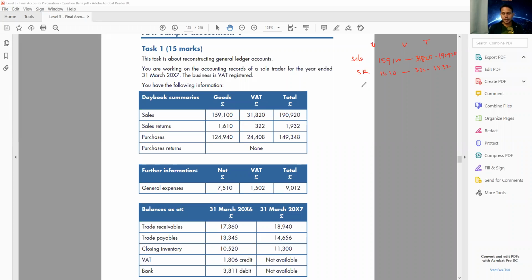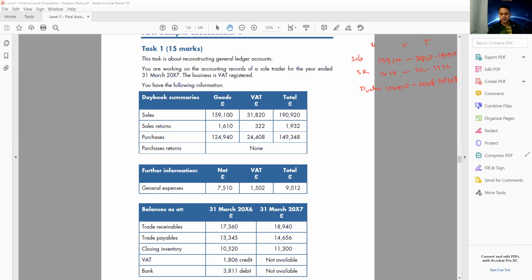Then you have purchases. Purchases net is 124,940. VAT is 24,408, and the total is 149,348.